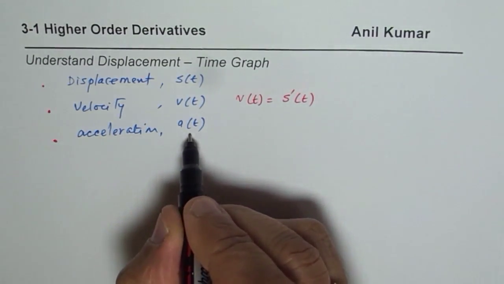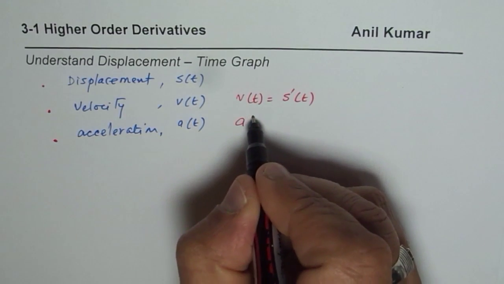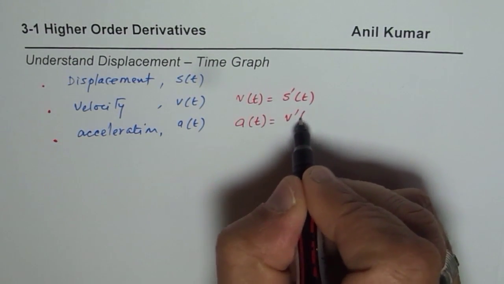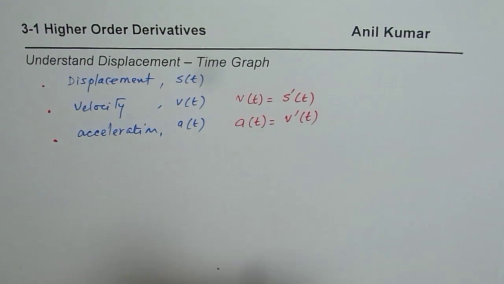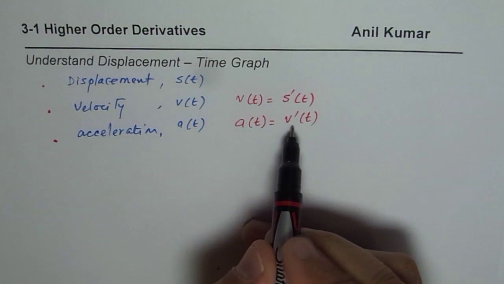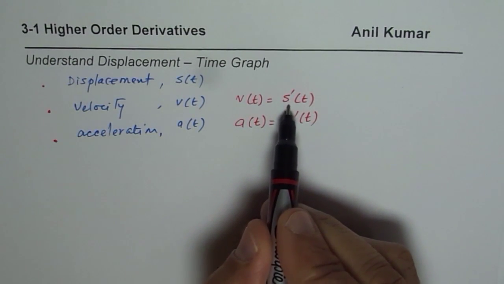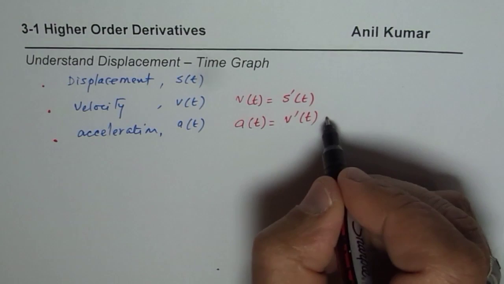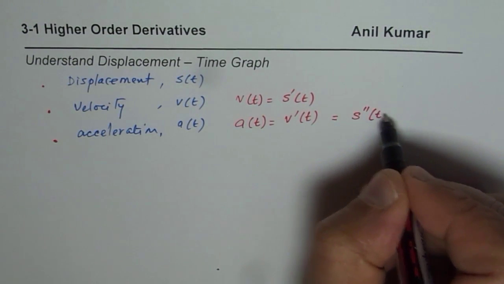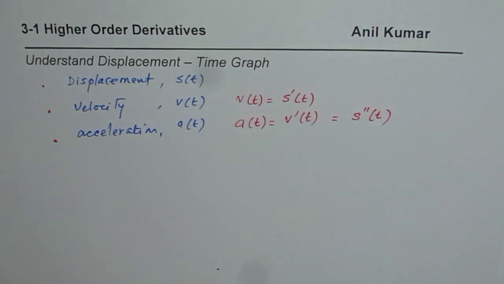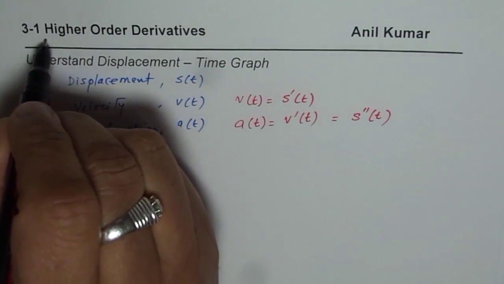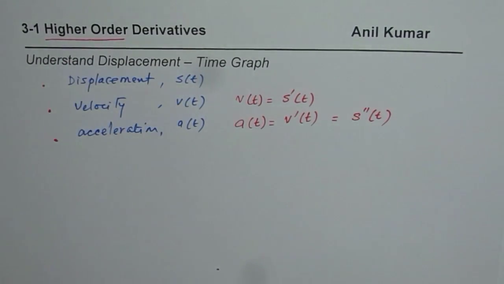And acceleration is rate of change of velocity, so we could write A of t is derivative of, or rate of change of, velocity, right? Now, since velocity is rate of change of displacement, acceleration could be written as second derivative of displacement, right? So that second derivative is what we are calling higher order derivative.